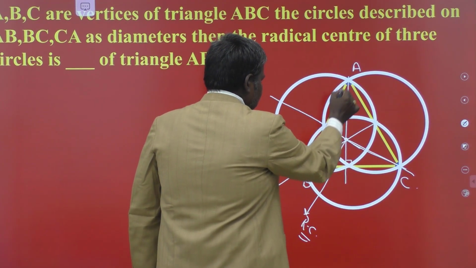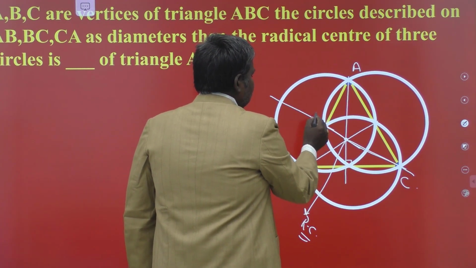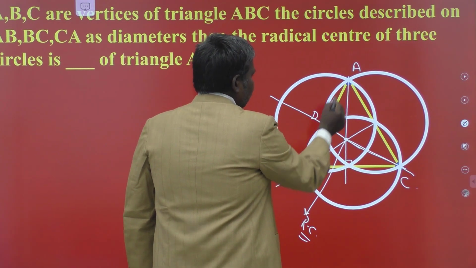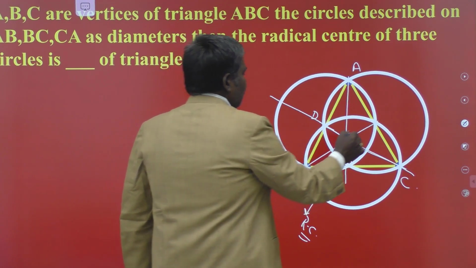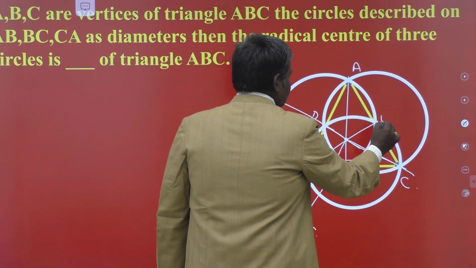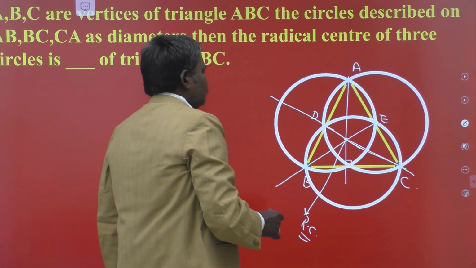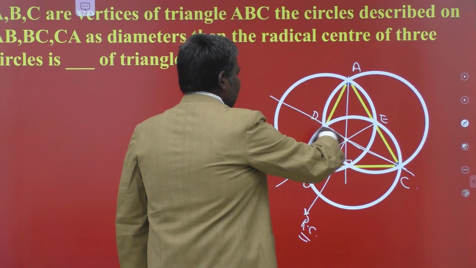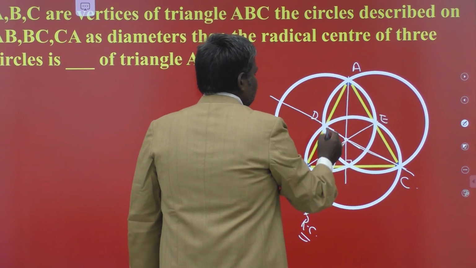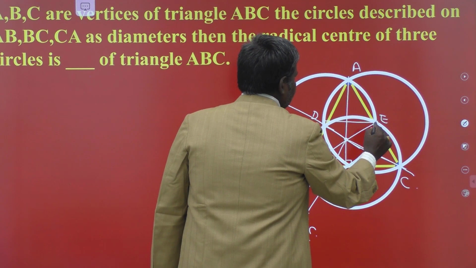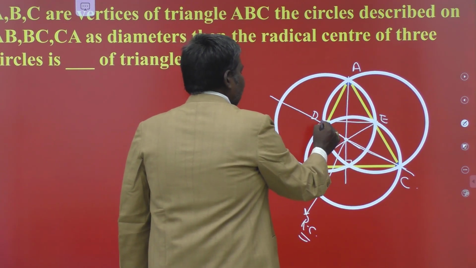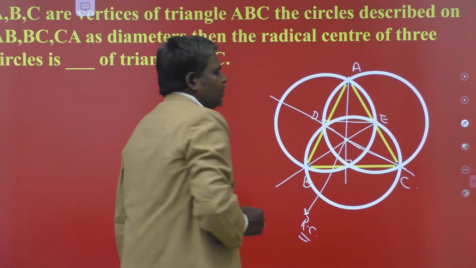Now see here, AB is a diameter, and D is the midpoint of AB. Similarly, this is the midpoint of AC. That means D and E are the centers of these two circles. The line joining the midpoints of two sides of a triangle is always parallel to the third side. We know that.